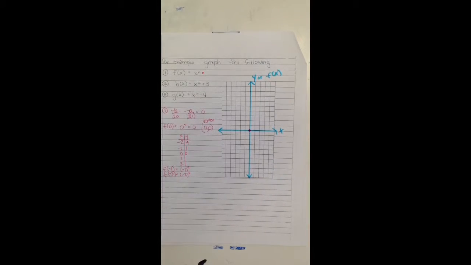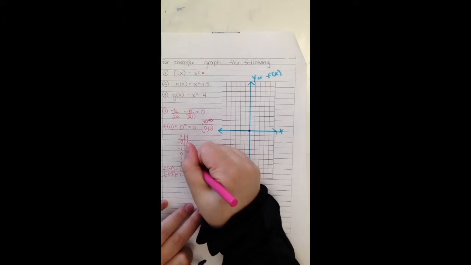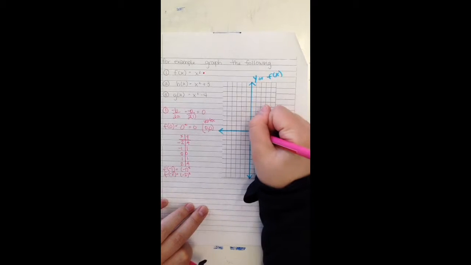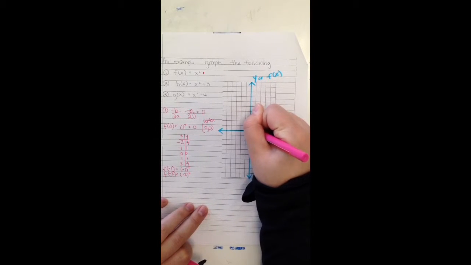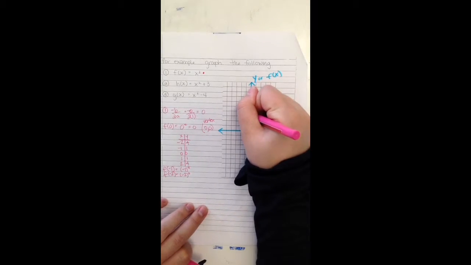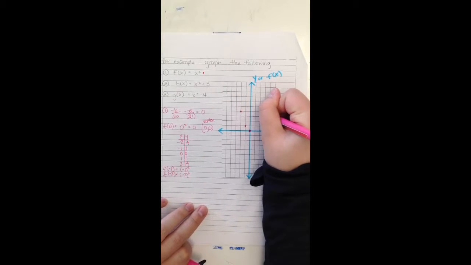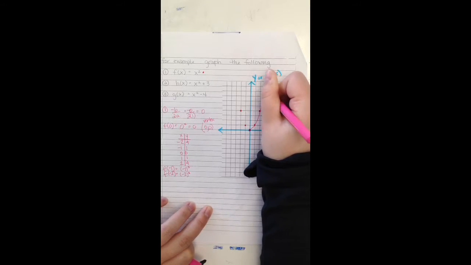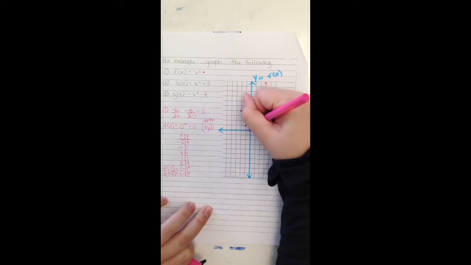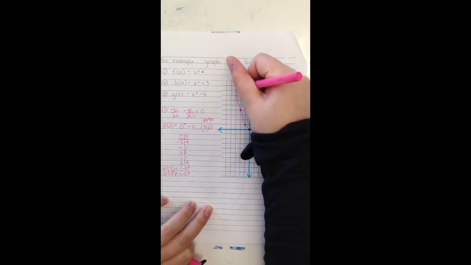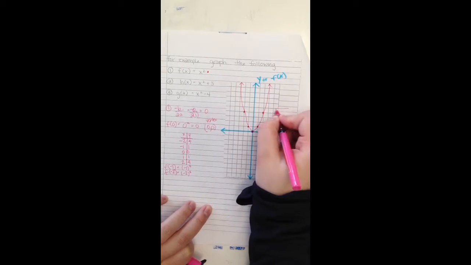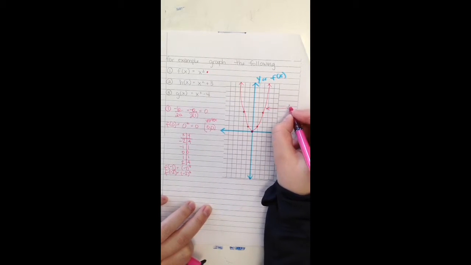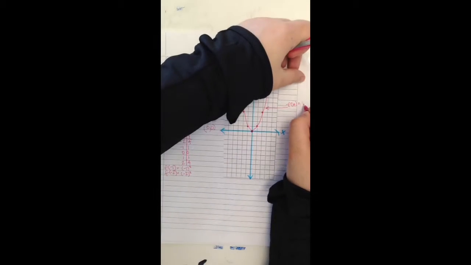Now these are symmetrical, so I'm going to go ahead and make this 1 and this 4, and then plot my points, and then draw in my curve. Okay? This function is f of x equals x squared.